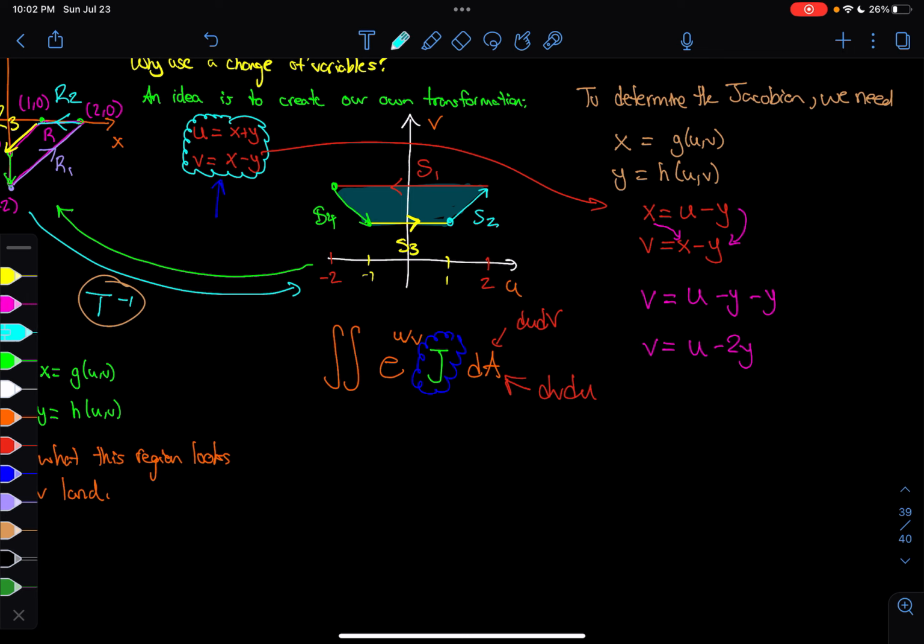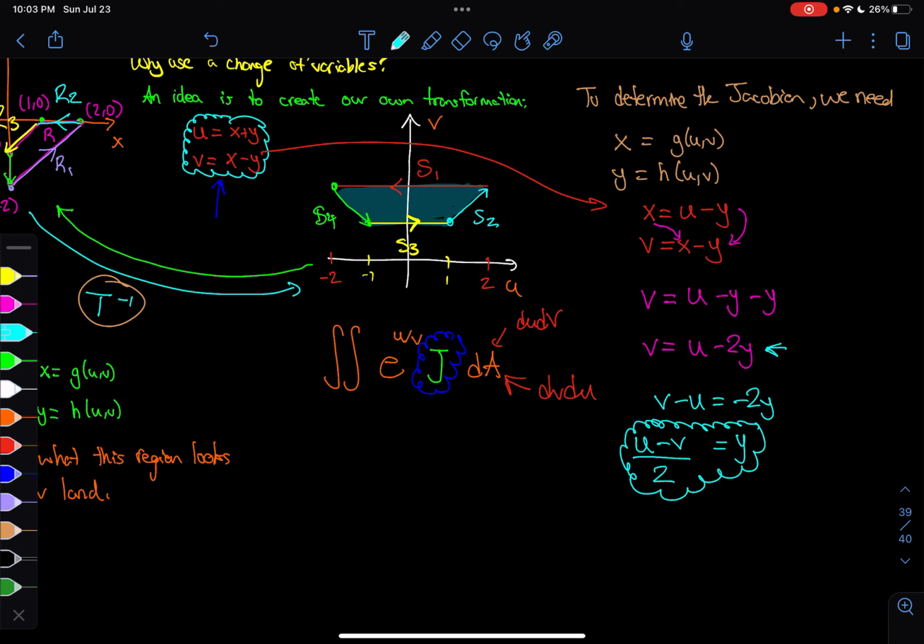Well, I can rearrange this very nicely to get v minus u is equal to negative 2y, which in other words becomes y is equal to (u minus v) divided by 2, if I divide everything by this negative 2. And this right here is my y coordinate in terms of u and v.